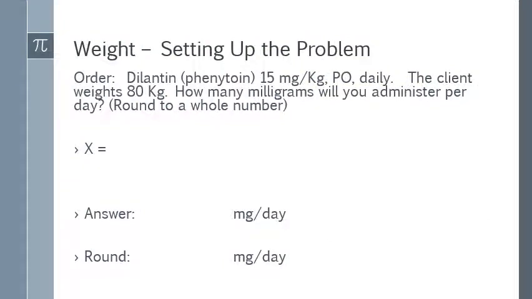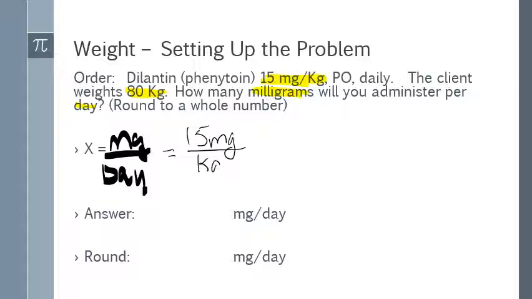All right, so we're solving for milligrams per day, weight of 80 kilograms, and here is our order. Let's start with the order, because that's going to be milligrams. That'll put it right on top. So we have 15 milligrams per kilogram.